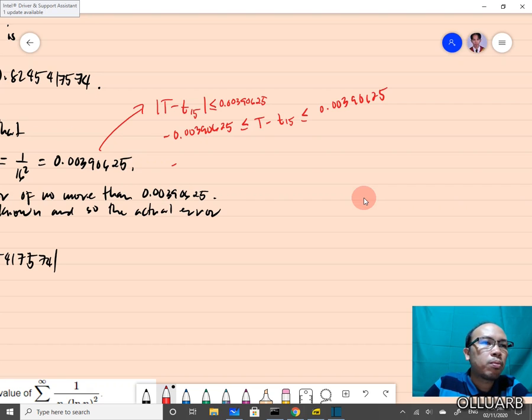And then this will become t sub 15 minus 0.00390625, which is less than or equal to t, less than or equal to t sub 15 plus 0.00390625.